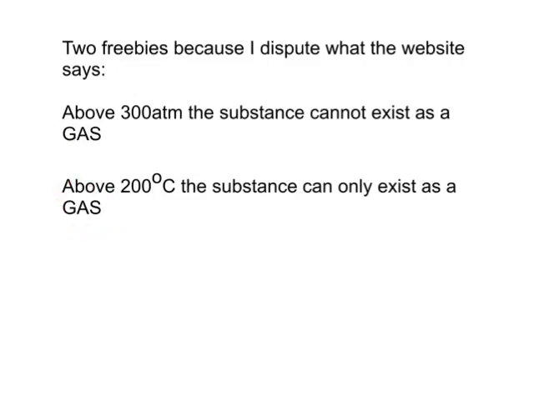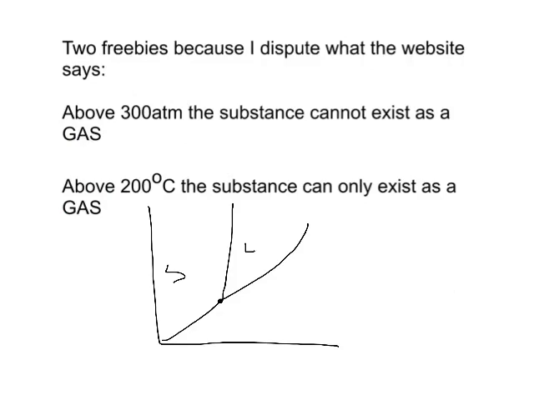Now, if you're interested in why I think his answers are wrong, some of you guys noticed that on our phase diagrams there's a triple point. Solid, liquid, gas. This line continues off forever. This line ends at a point. And that is because at very high pressures and very high temperatures, you can no longer distinguish between liquids and gases.